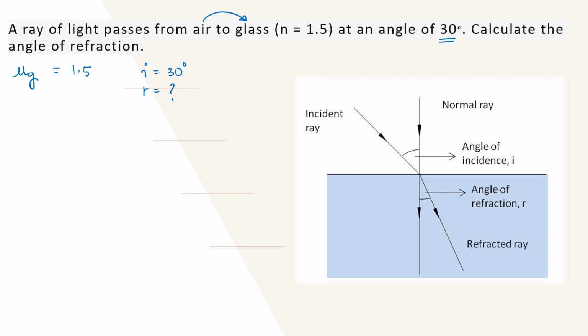Now how to measure the angle of incidence and angle of refraction? For that, look at the diagram. In the diagram, this is light, this is the incident ray. This point is the point of incidence.